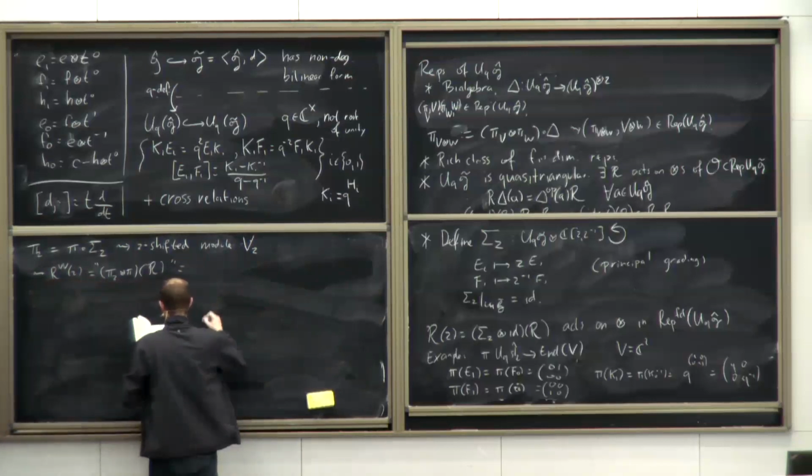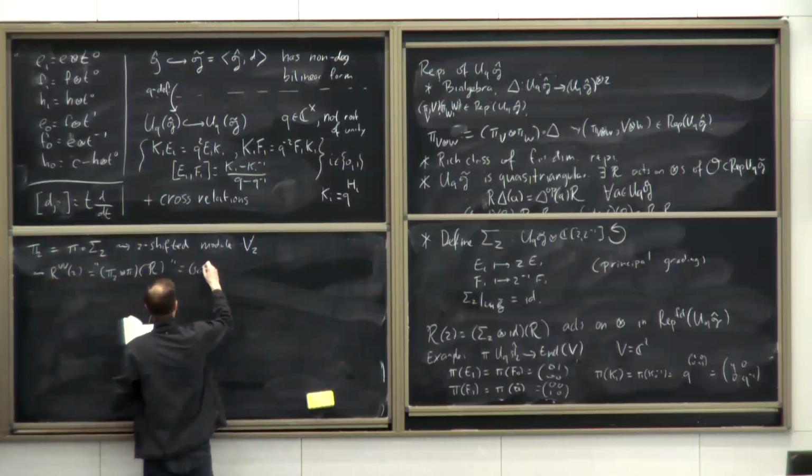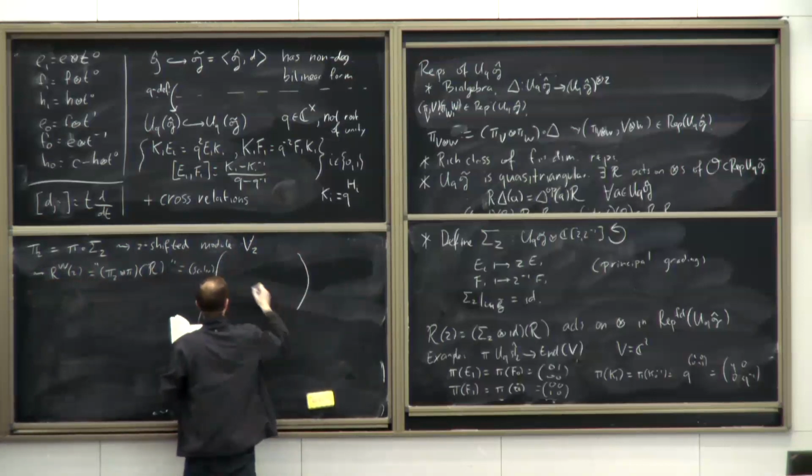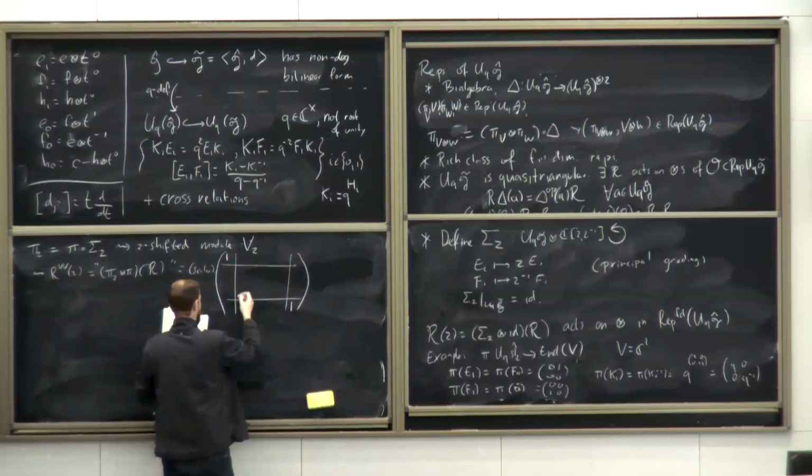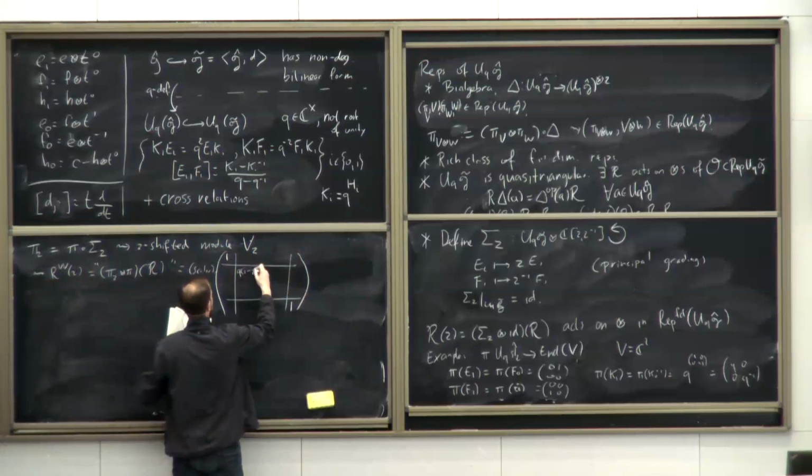And you get a scalar times the 6-vertex R matrix. So in these conventions, it looks like this.